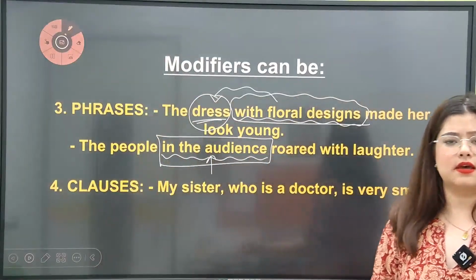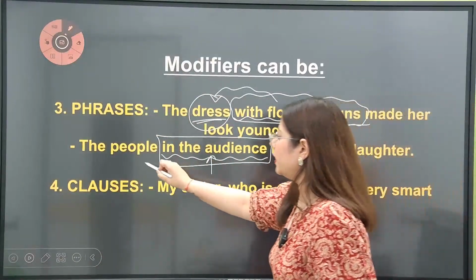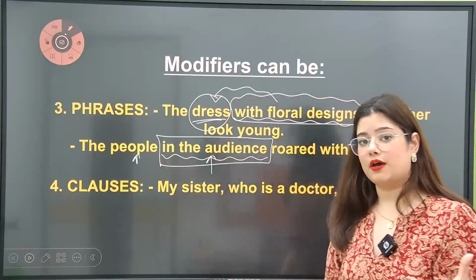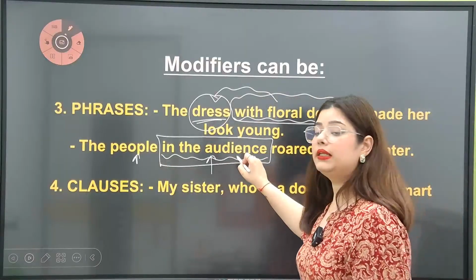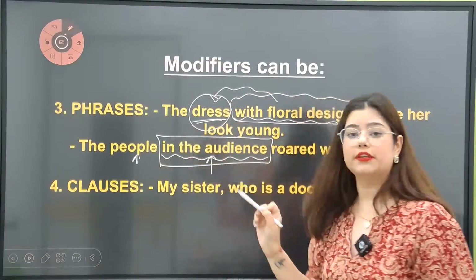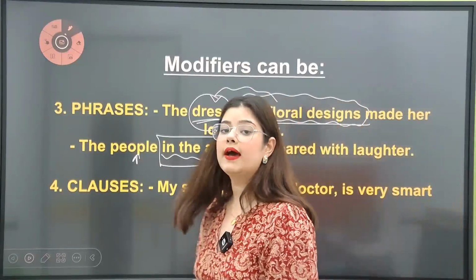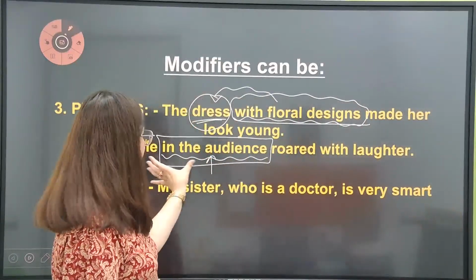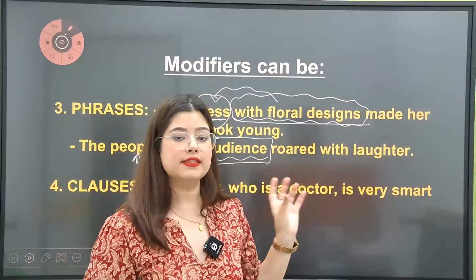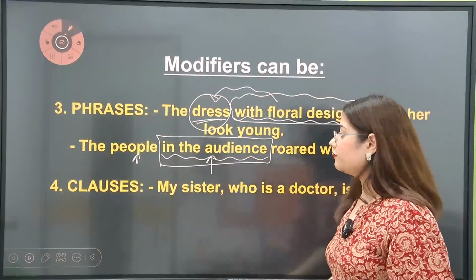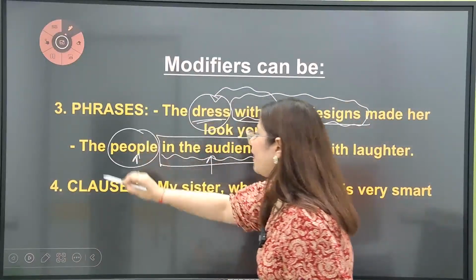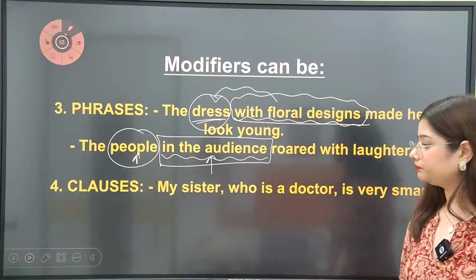By giving us some extra information. So here, what extra information are we getting? Where the people were. Where were they sitting? They were in the audience. So this entire prepositional phrase acts as a modifier and it modifies the people.